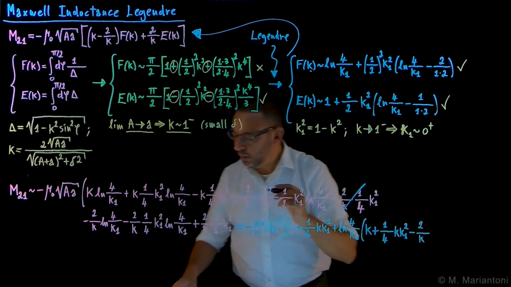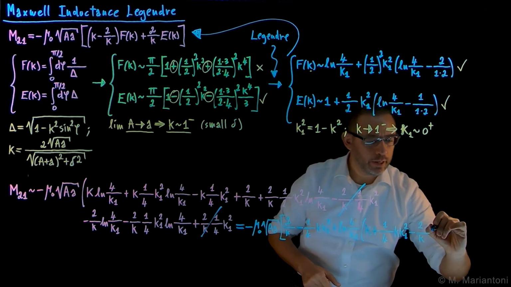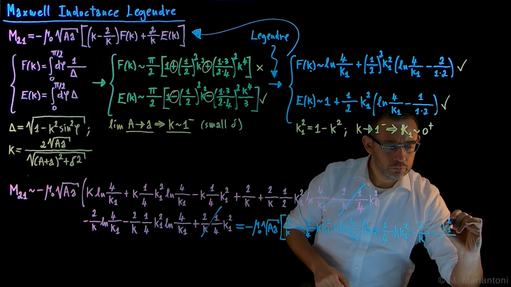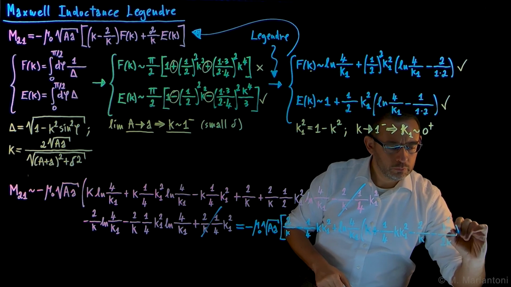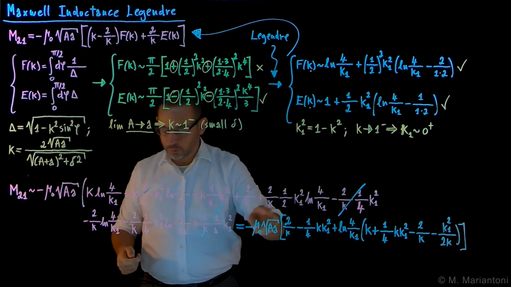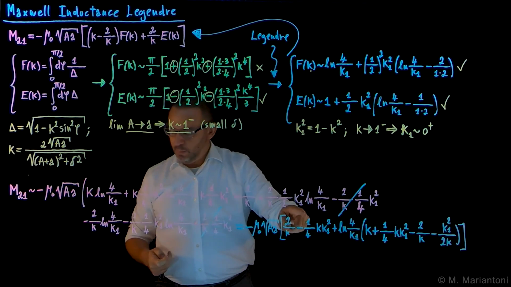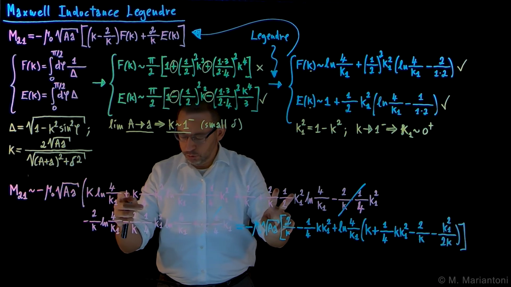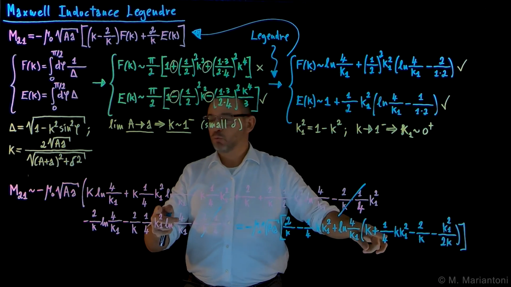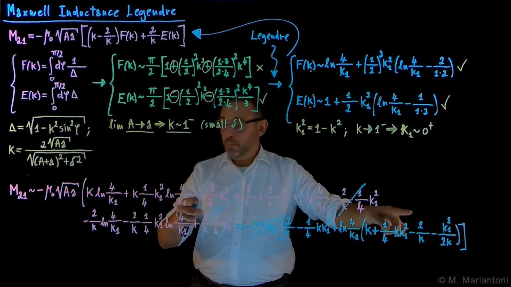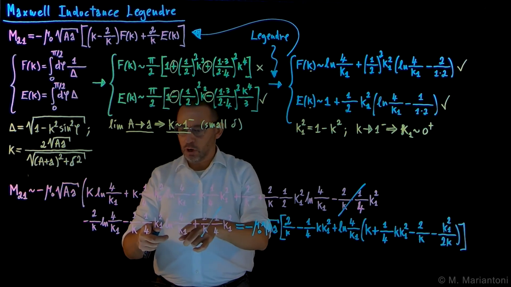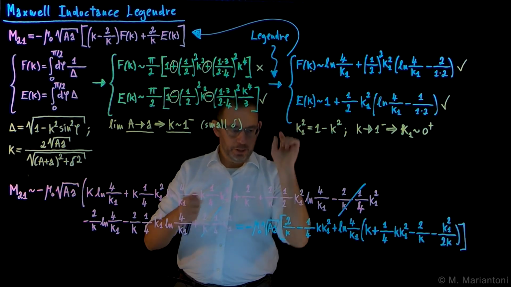And the last term is minus k1 squared over 2k. Let me recheck if this is all correct. Minus mu naught square root over a, 2 over k, minus 1/4 k, k1 squared. These are the only two terms. And then the logarithm 4 over k1 has 4 terms, k plus 1/4 k, k1 squared, minus 2 over k, minus k1 squared over 2k, which comes from this calculation here.